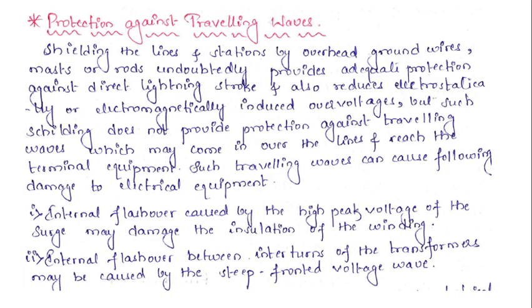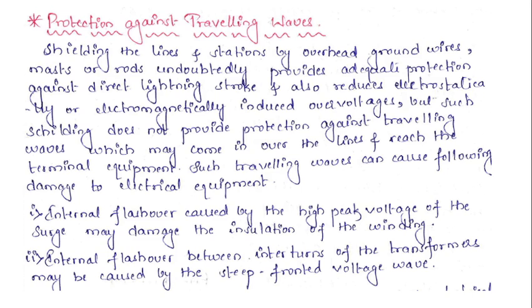The transient wave is set up in the transmission line mainly due to switching actions, faults or the lightning phenomena. Because of these traveling waves, we need to have some protective devices, or some protection against these traveling waves. Shielding the line, which is what we learnt in the previous class, that is providing the ground wires, is nothing but shielding the line.